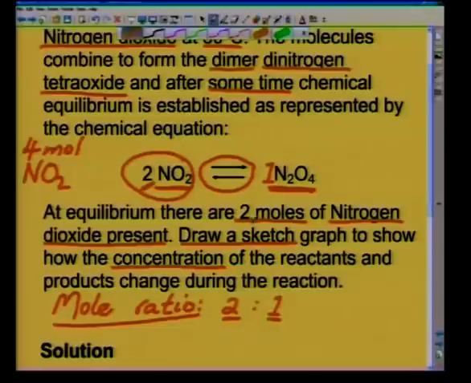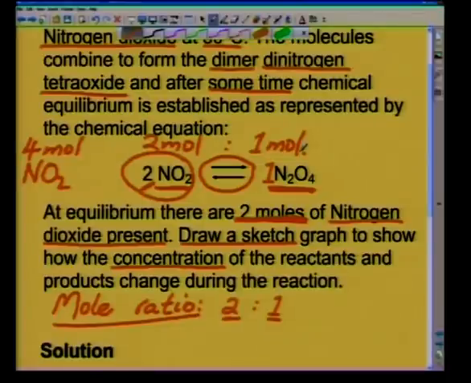If I'm left with 2 moles at equilibrium, what has happened? 2 moles have been used up. Now, if 2 moles have been used up, I'm told by the ratio here that if I use up 2 moles, I will produce 1 mole of the dimer. So, because 2 moles have been used up, according to what has been given to me, 1 mole of this has been formed. That's what it means, okay?